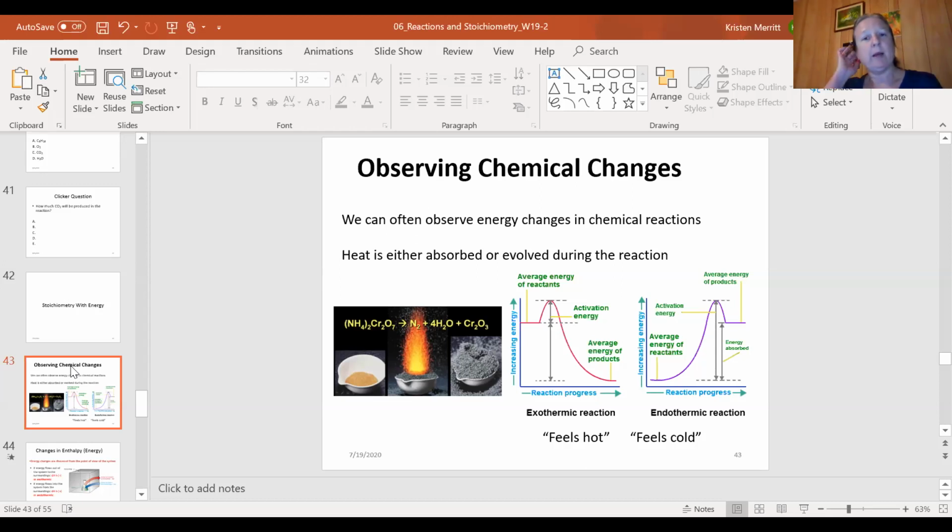So we talked about a reaction being exothermic, endothermic. I know commonly you see these feels hot, feels cold. Personally, I don't like using that. I like to think of it more of what's actually happening at the chemical level, which is you're putting energy in to make the reaction happen, right? That's here.